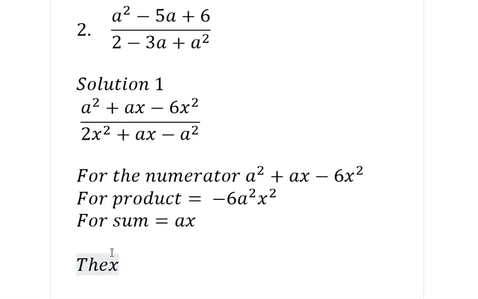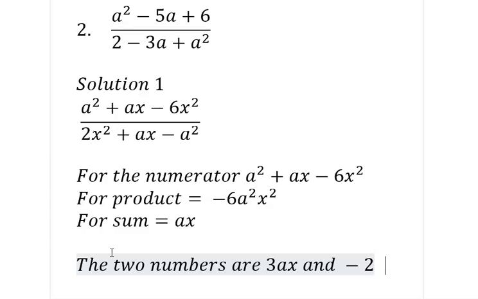Getting the two numbers, 3ax and minus 2ax. Let's run it and see if it's going to work out. Now the two numbers are 3ax and minus 2ax.